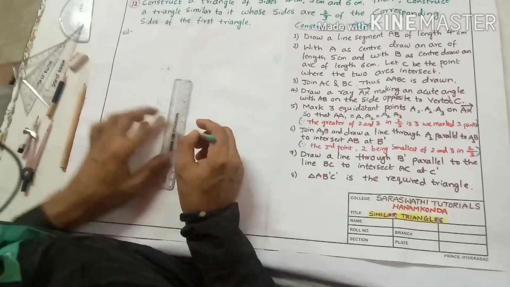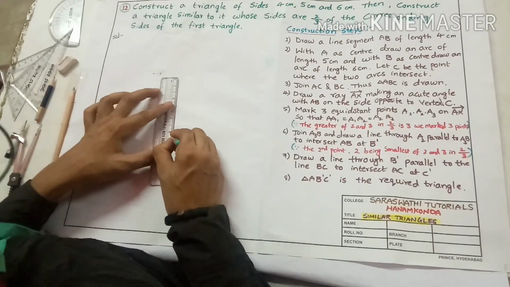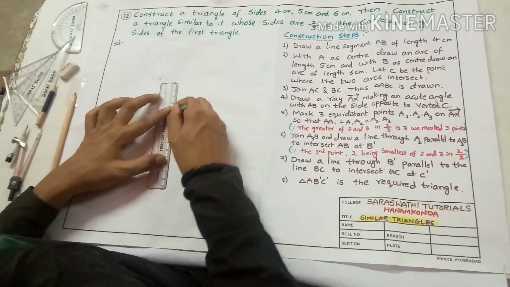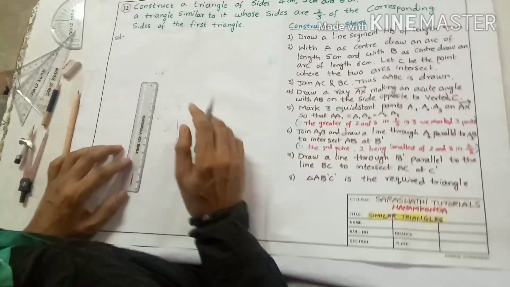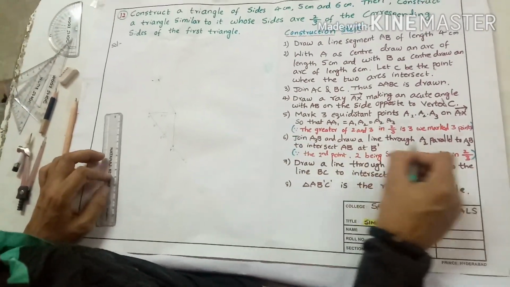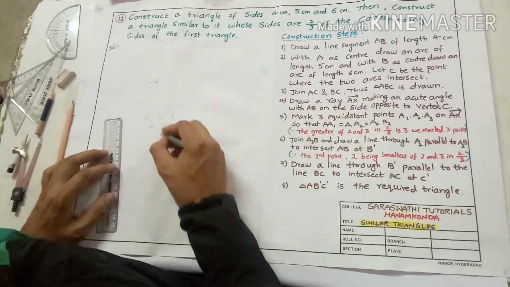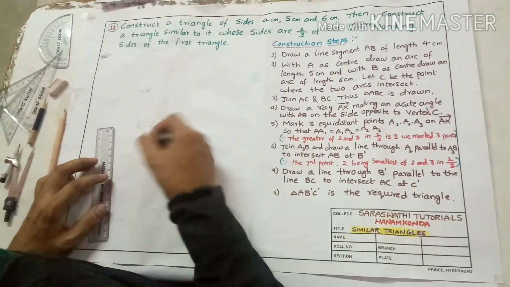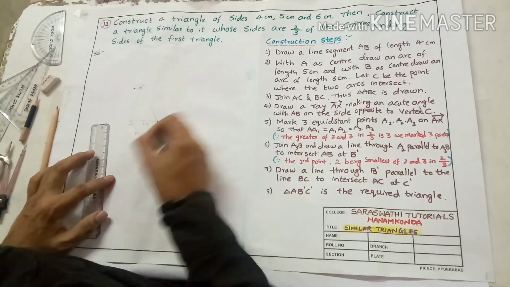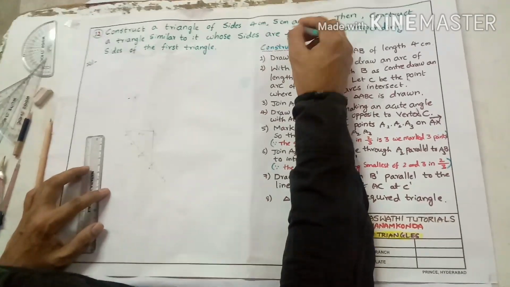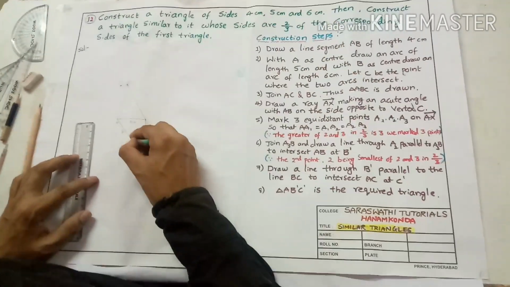Now join A3B, and draw a line through A2 parallel to A3B. Here the ratio is 2/3, so the smaller value is 2, and we consider the second point.